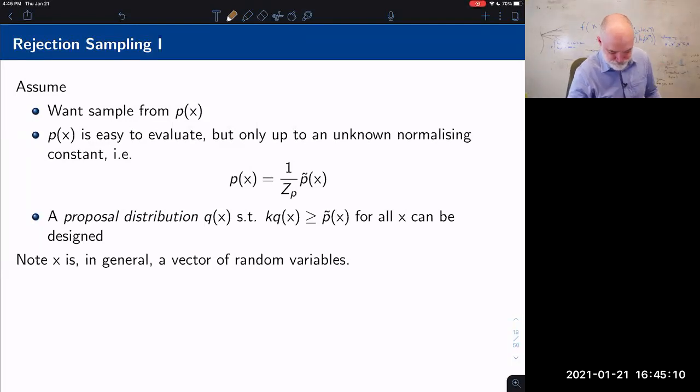Now, when we're doing rejection sampling, we also need a proposal distribution, and we're going to talk about proposal distributions all the time through the course, but this is the first time.